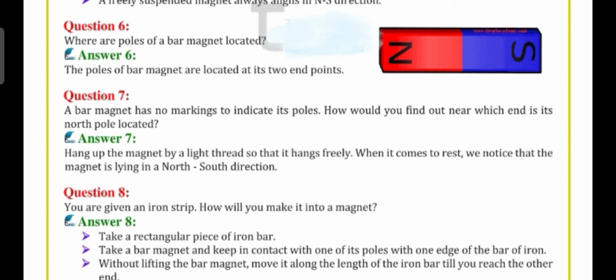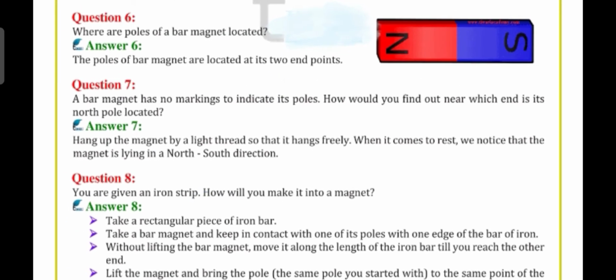The end directed to the north is known as the north pole, and the end directed to the south is known as the south pole. So, by hanging or suspending the magnet, we can find out the poles of the magnet.